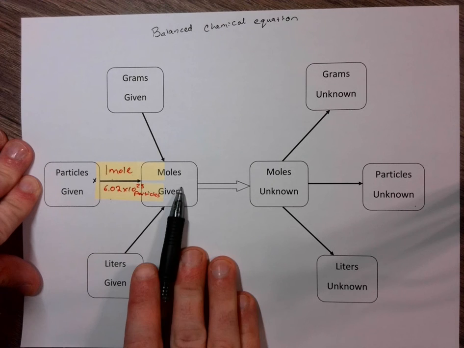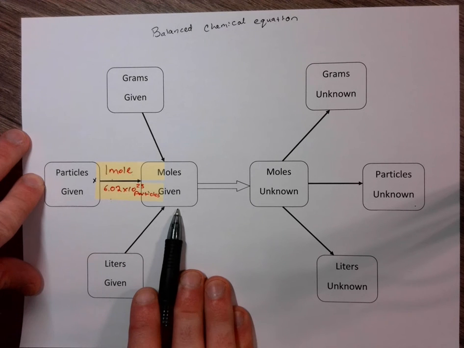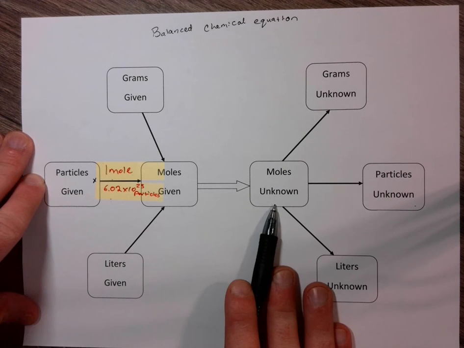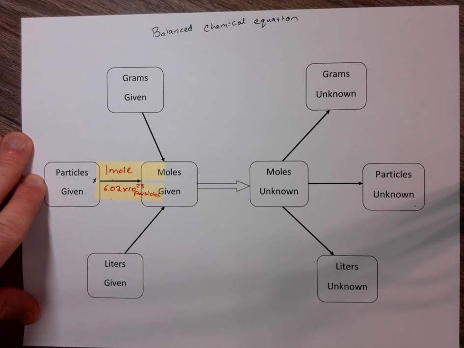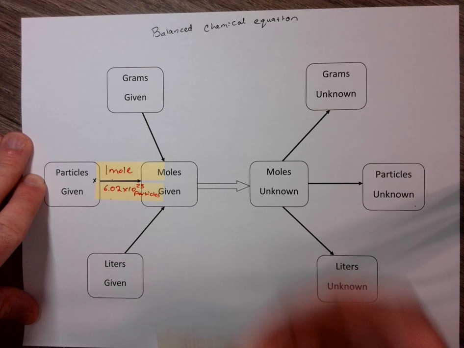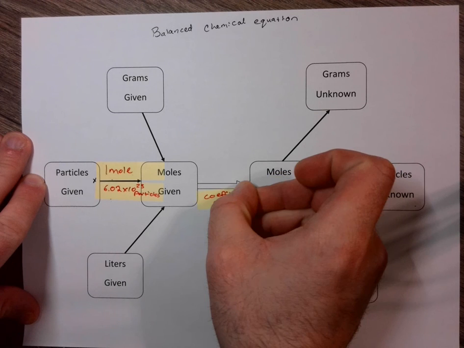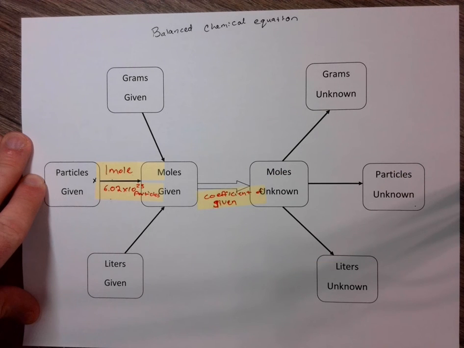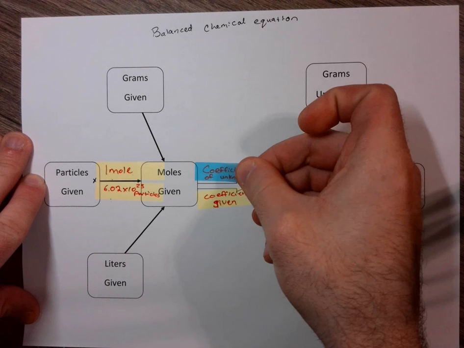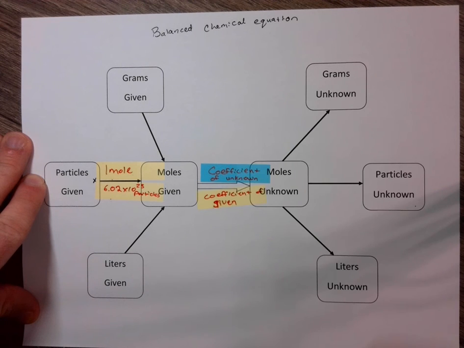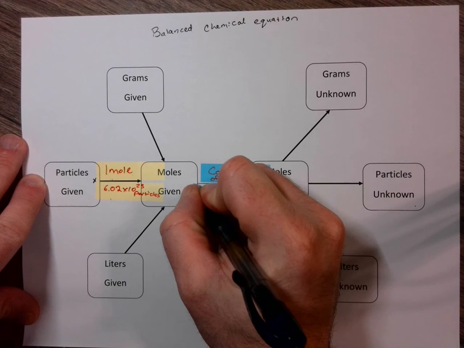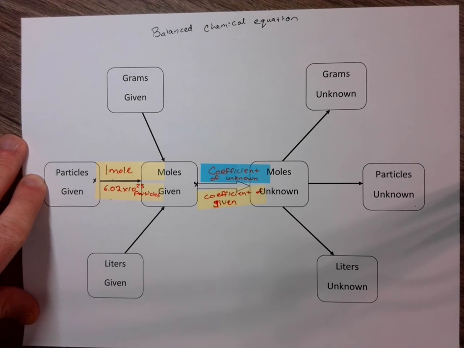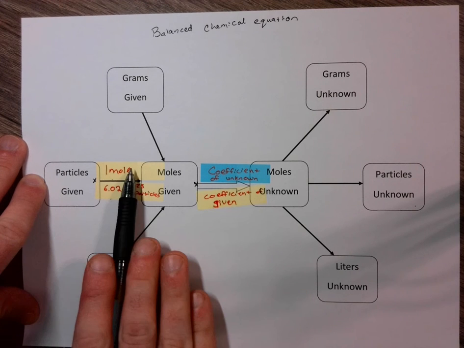In order to get to my moles of my unknown, I have to use coefficients from my equation. The coefficient of my given goes on the bottom. The coefficient of my unknown goes on top. Here again, we are multiplying by a fraction. Because we've canceled out moles of given, we're now in moles of unknown.